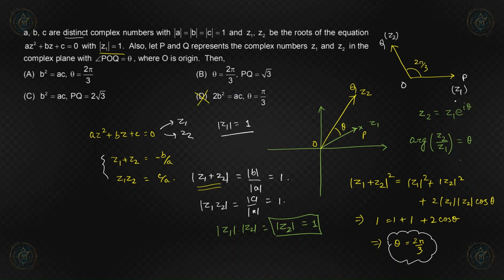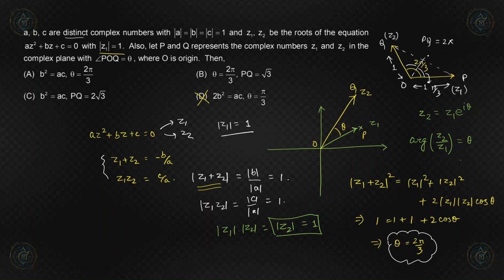So we can say this PQ distance will be, if we drop a perpendicular from this O point to this side PQ here, this angle will be pi by 3, right? Each of these two angles will become pi by 3, and each of this side length is equal to 1, right? So this PQ length will be 2 times this length.